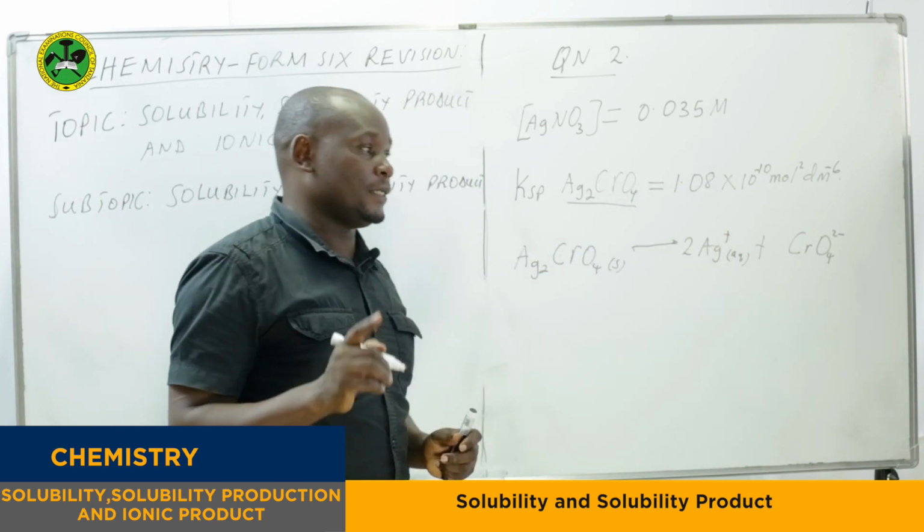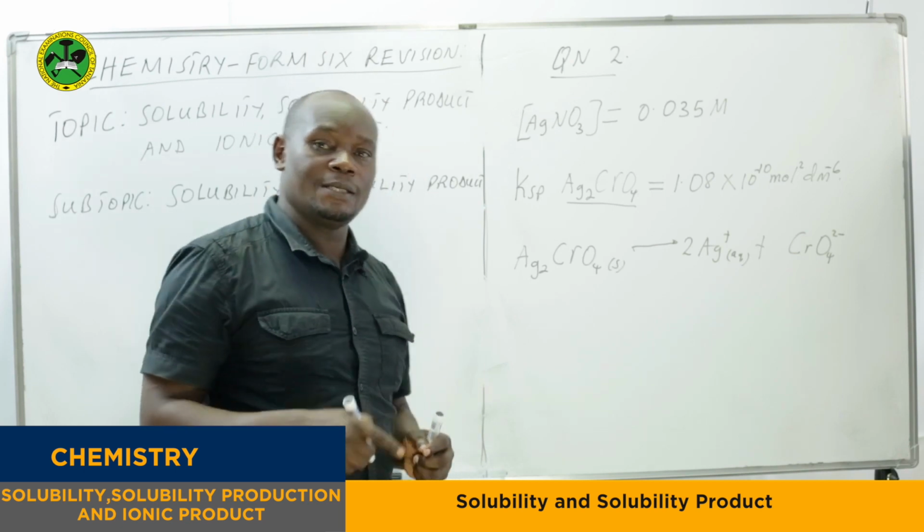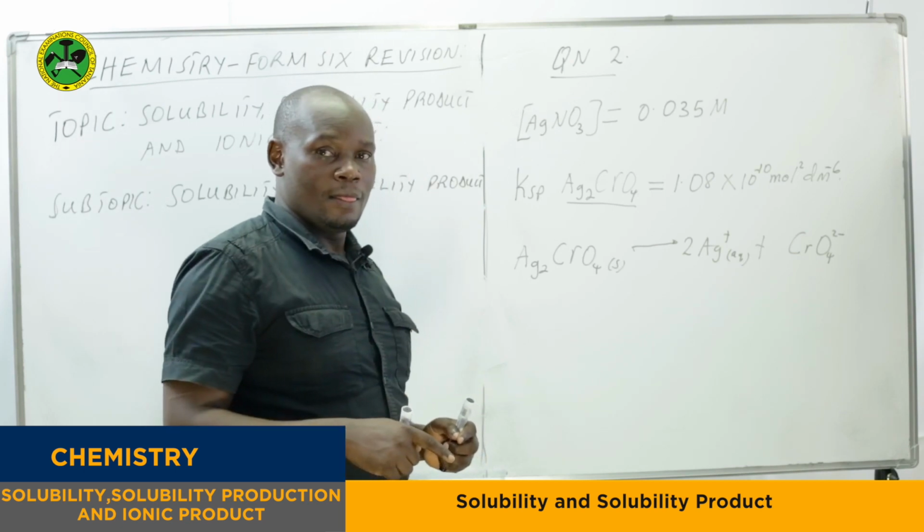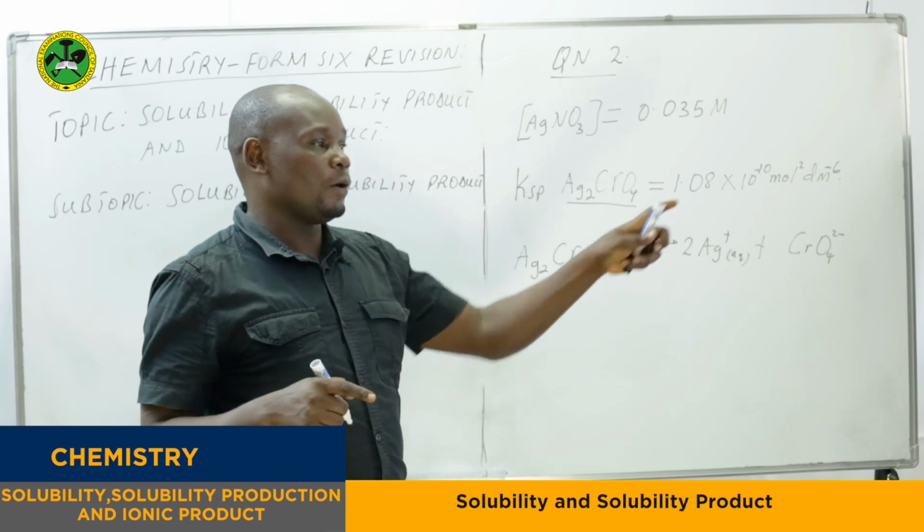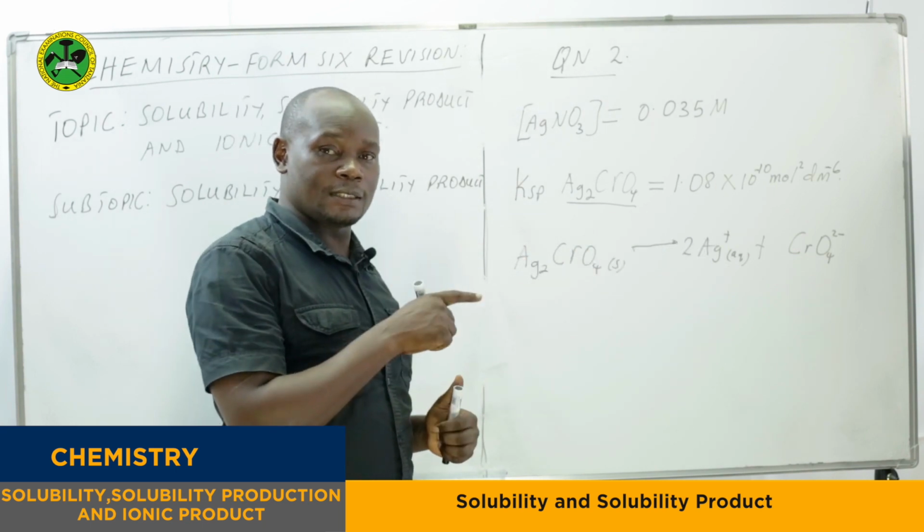So the Ksp of this reaction equation is this one. We first have to find the solubility of silver chromate before the addition of that substance.